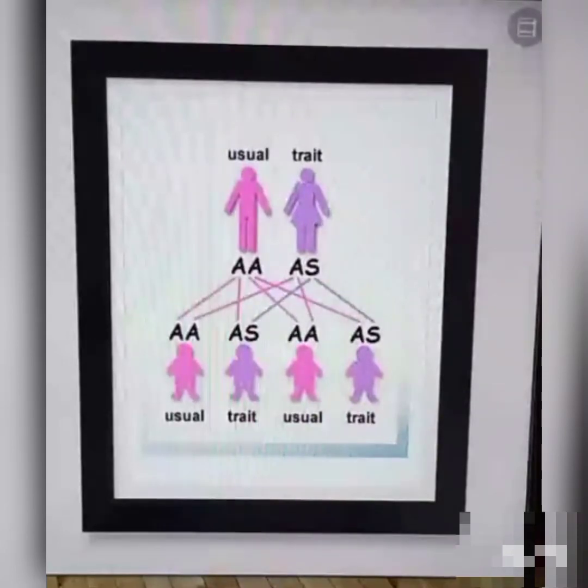Remember that someone carrying the sickle trait would not be sick. So this is normal. Two normal people looking normal get married. AA and AS. This is the possible outcome.